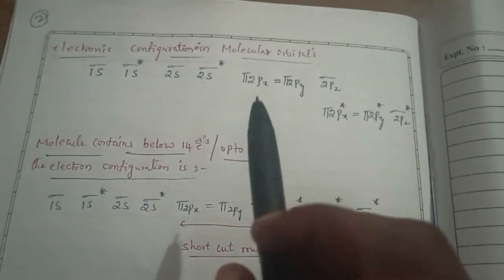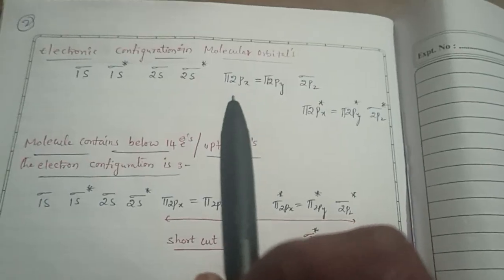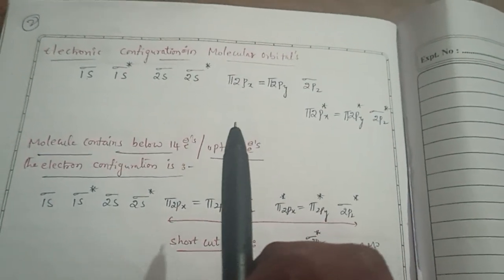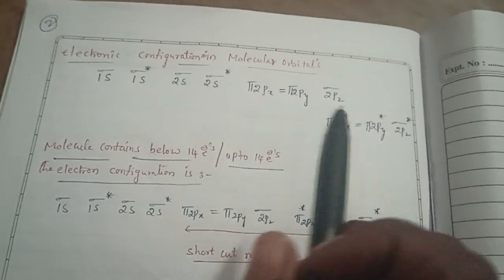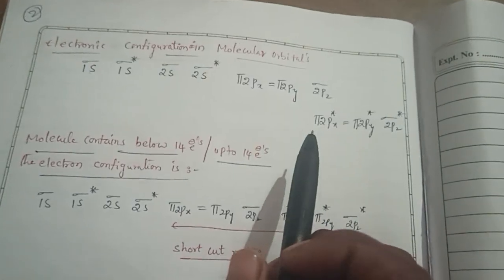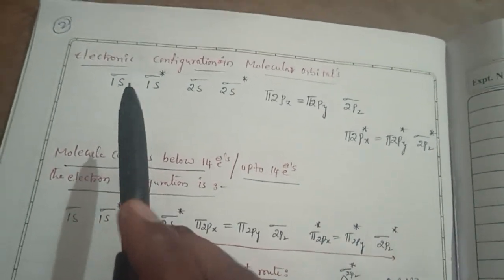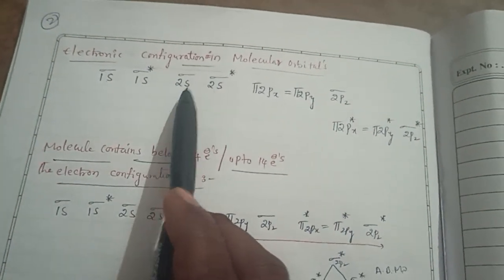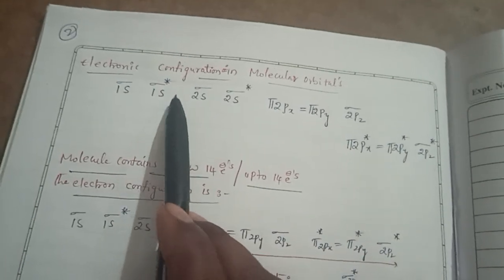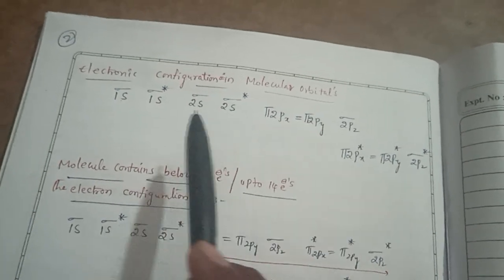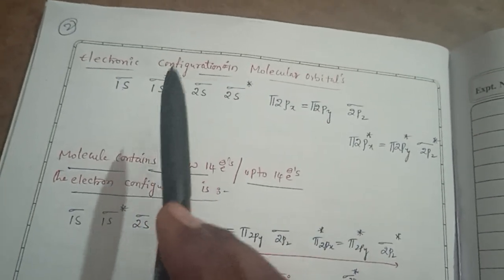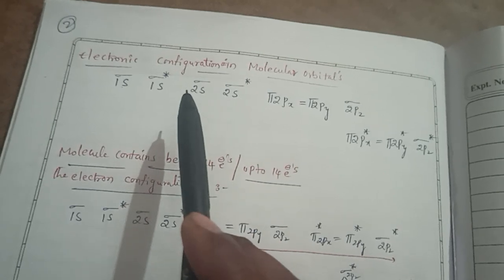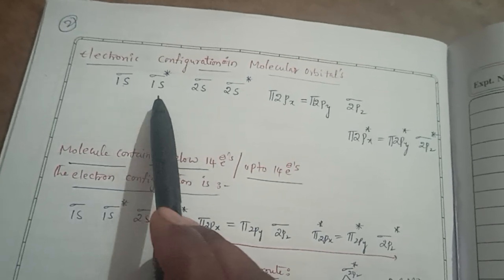Simply, we can understand and easily write the electron configuration. First of all, take the combination of two atoms. The first atom has atomic orbitals 1s, 2s and 2p, and the other has 1s, 2s, 2p. In molecular orbitals, one set is bonding and one set is anti-bonding.